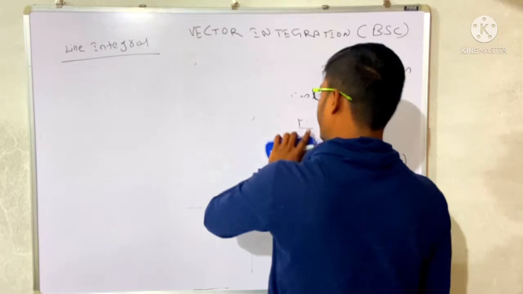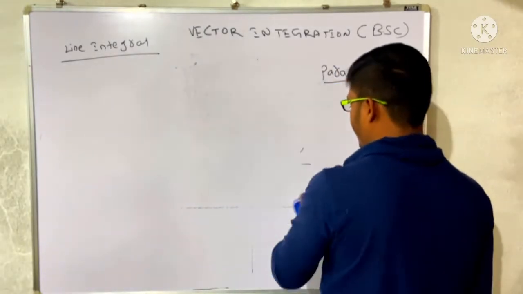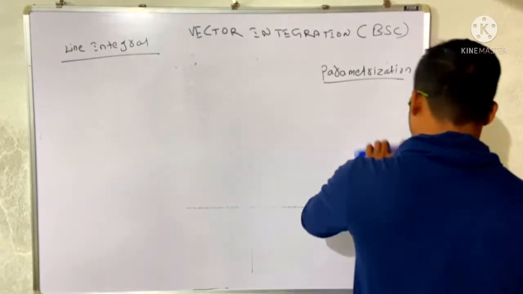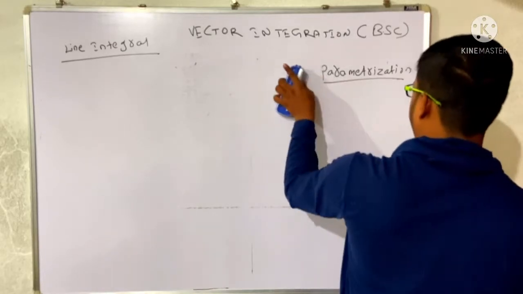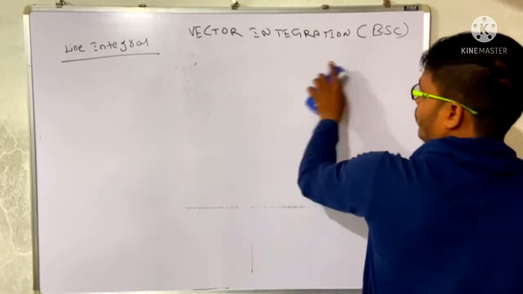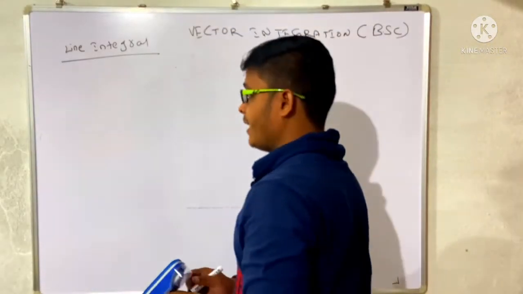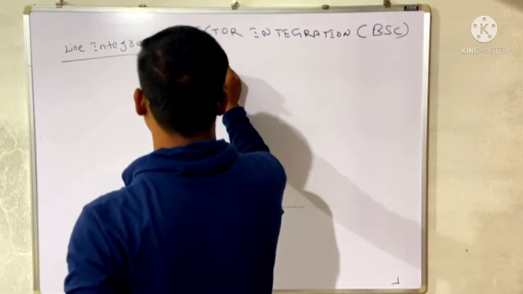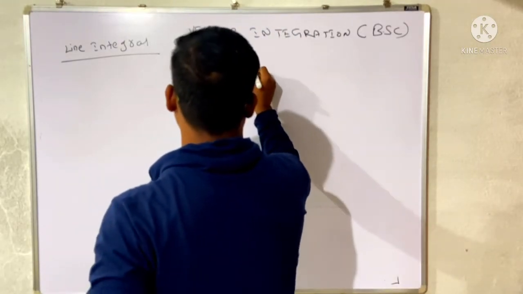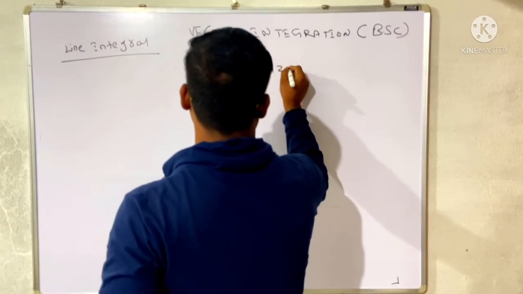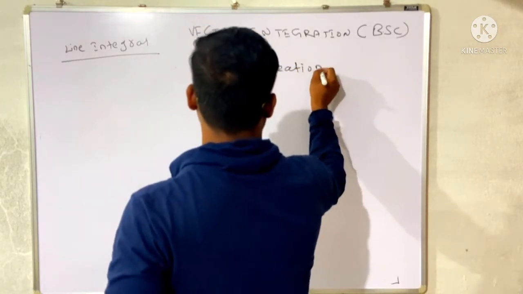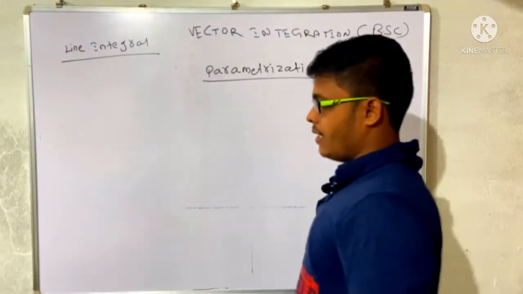Because when we put t equal to 0, you will get the starting point, and when t equals 1, you will get the ending point. So we are studying line integrals, but in line integrals we need the parameterization.